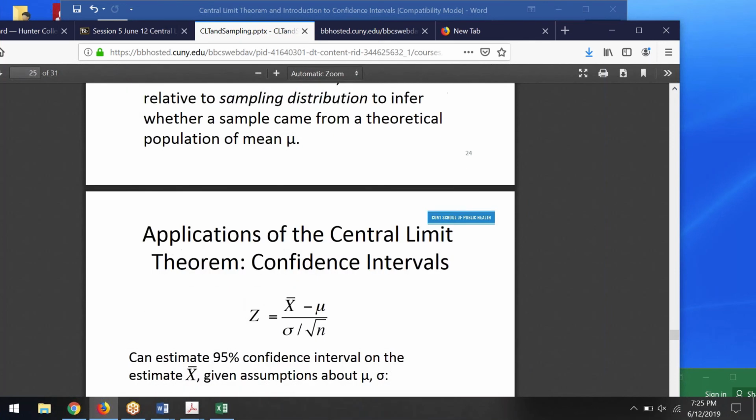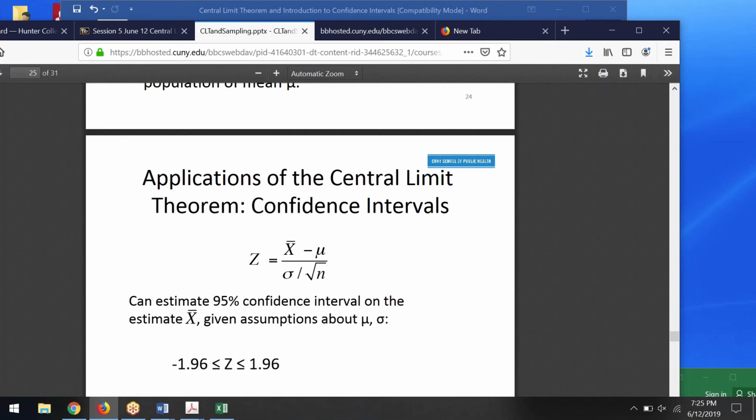Because we understand how sample means behave, we can now make some inferences with that. For instance, if I take a sample of people and measure their blood sugars, and I sample 100 people, and I find the sample mean, X bar, is 67, and the standard deviation is say 10, right?